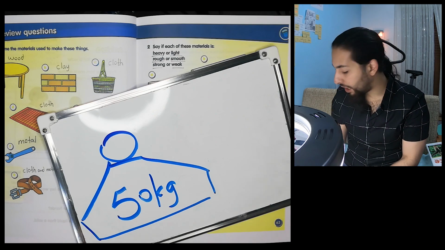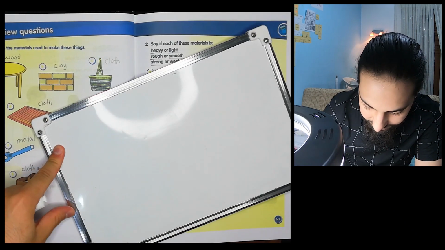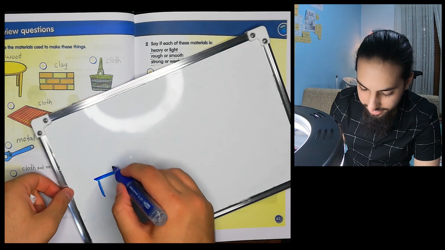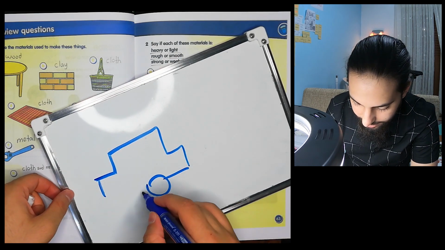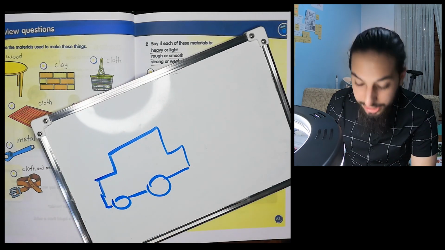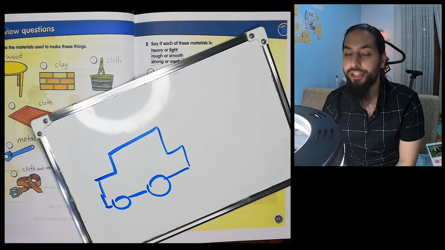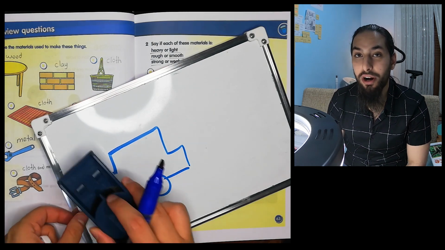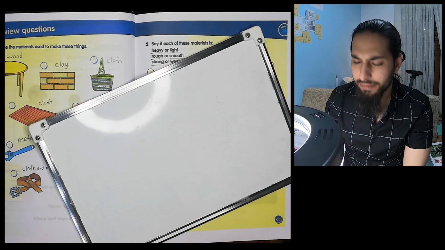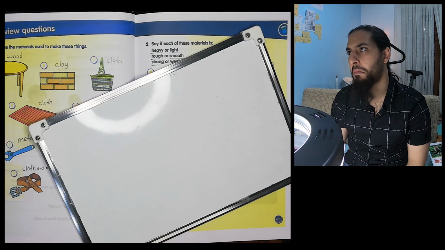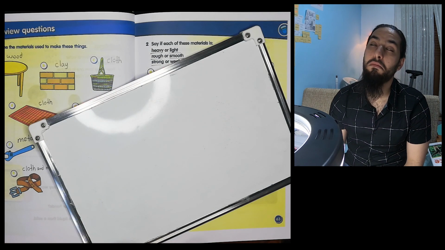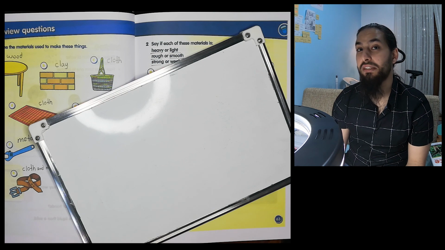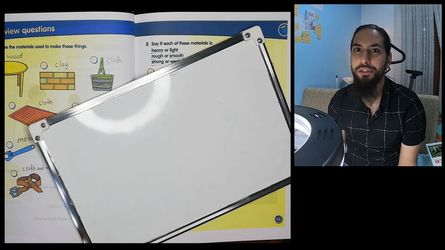So something like a car is very heavy. You can't carry a car. So a car is very heavy. Something else that's very heavy? Let's think. Can you think of something that is very heavy that you can't carry on your own?